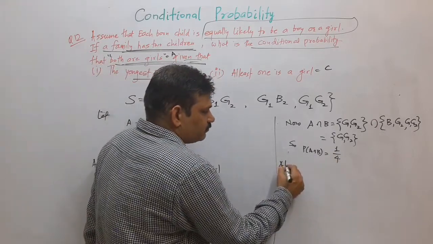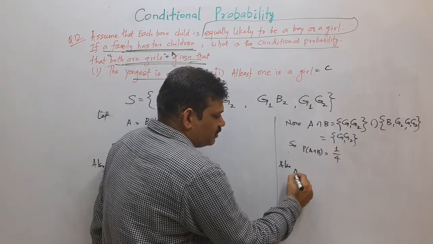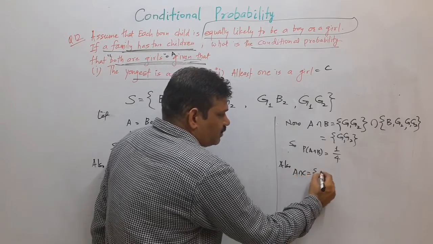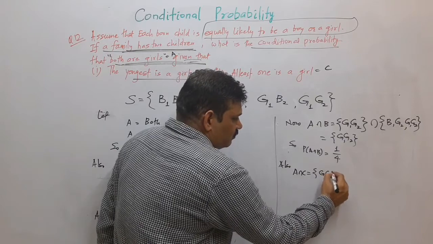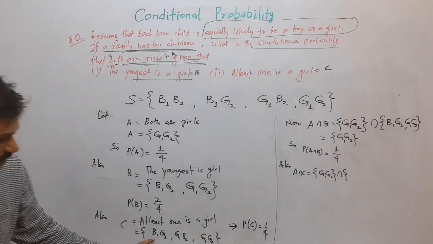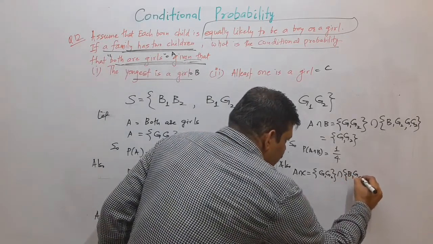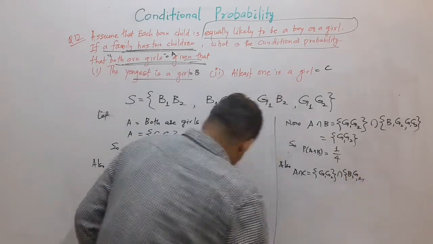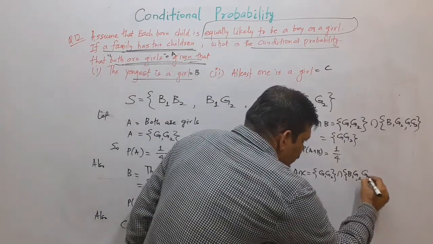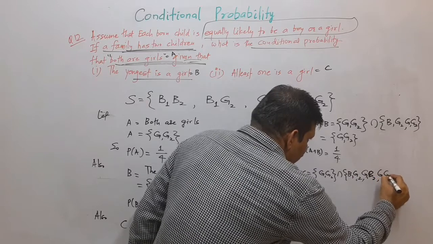Also, probability we find A intersection C. A is simply G1, G2, intersection C. Well, C is B1, G2, G1, B2 and G1, G2.